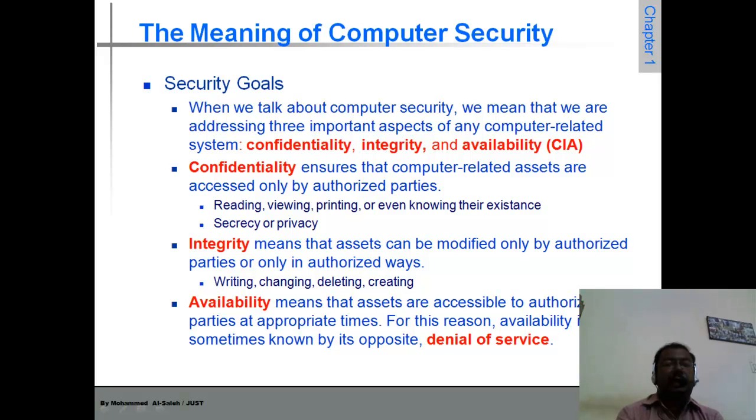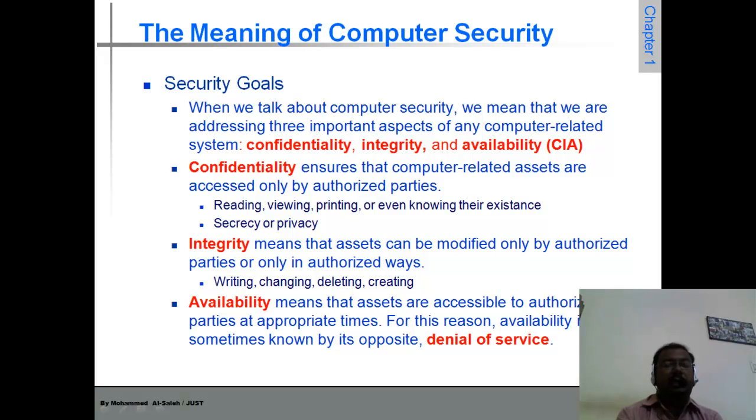What is integrity? Integrity means that assets can be modified only by authorized parties or only in authorized ways. Here we provide a means by which you modify the information or the system. Next is availability. Availability means that the assets are accessible to authorized parties at appropriate times.